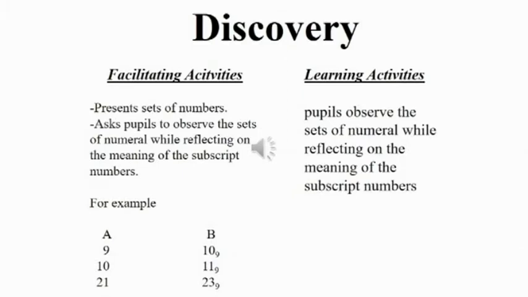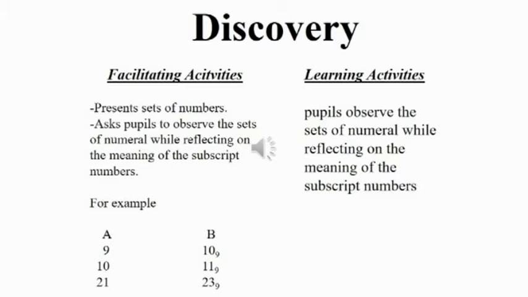After revision is discovery. At discovery, the teacher can present sets of numbers like I did at the beginning of my lesson. The teacher will ask pupils to observe the sets of numbers while reflecting on the meaning of the subscript numbers. It should be noted here that the teacher should not just say observe, because the teacher has to give a direction of how the children reflect.